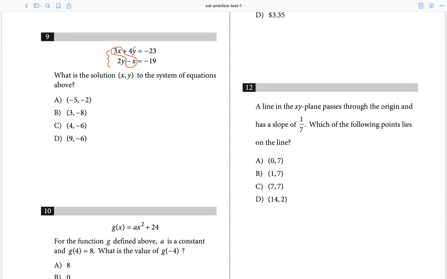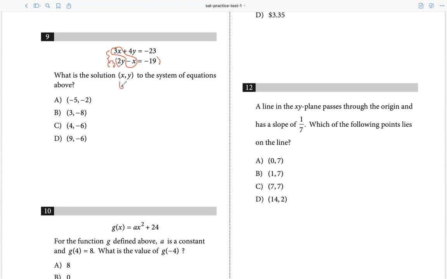Right? So we can get rid of X or we can get rid of Y, either one. We can use the elimination method or the substitution method, it doesn't matter. What I'm going to do is multiply the second equation by 3.